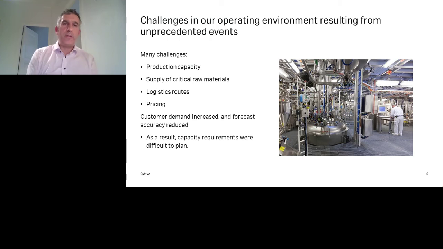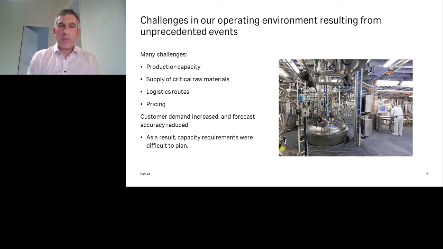So, in recent unprecedented events, we have faced in Cytiva, in our diagnostics business, a number of challenges. And those challenges, paramount among them, have been production capacity, uncertainties around the supply of critical raw materials, logistics routes, and pricing.